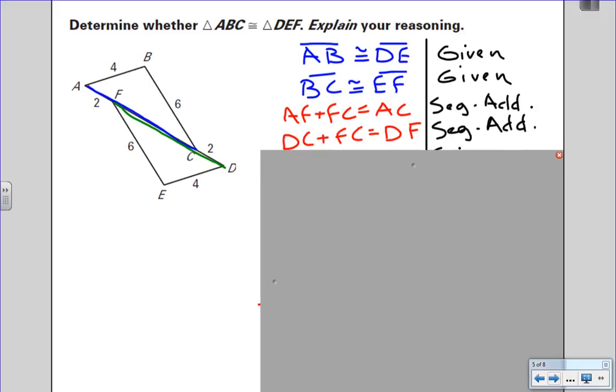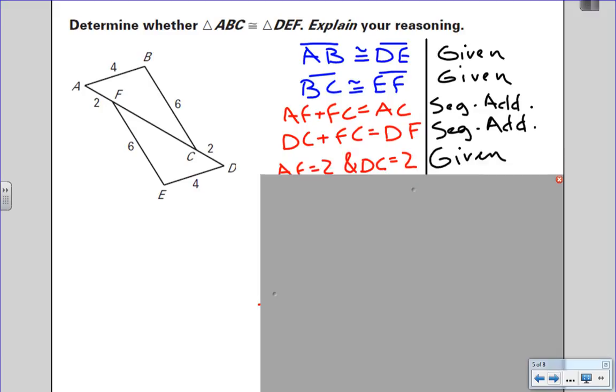So next step, just defining that green line, DF, DC plus FC equals DF. And I know this is a good idea because I have the same measure here and they share this side right there. So I know I'm on the right track. Alright, segment addition got me those 2 sides that I hope in the end are congruent.